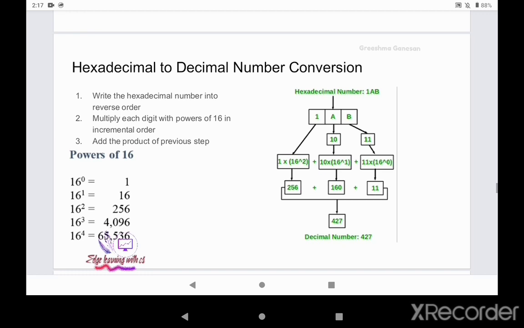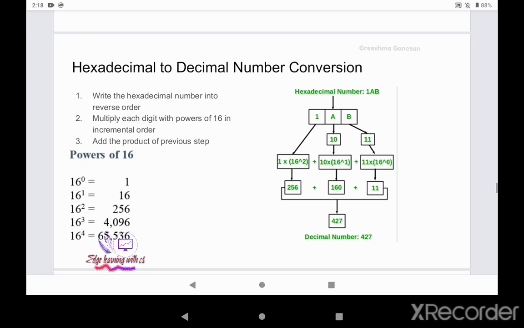You can see the question here. The hexadecimal number is 1AB. And we know that A is equivalent to the decimal number 10, and B is equivalent to the decimal number 11. So it will be like 1, 10, 11.